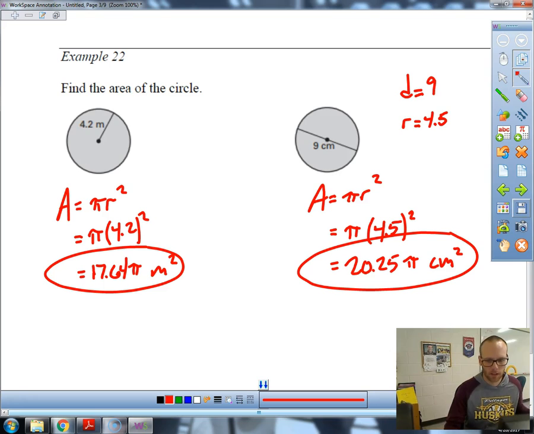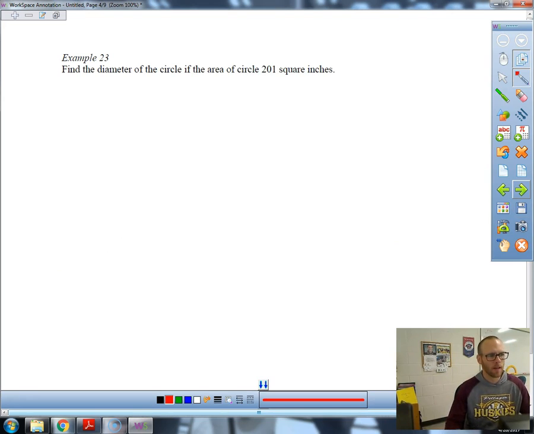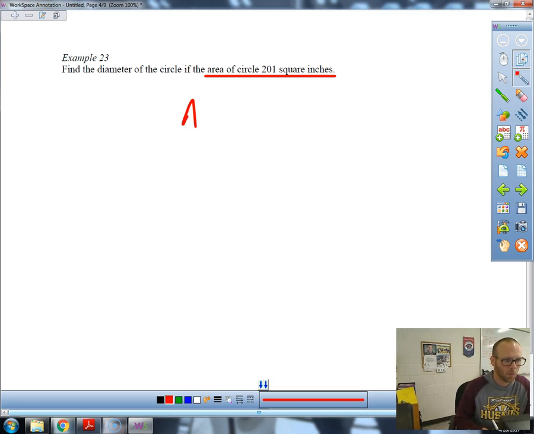All right, continuing on. Find the diameter of the circle if the area of the circle is 201 square inches. Notice the information that was given. The area of the circle is 201 square inches. Well, what do we know about area of circles?